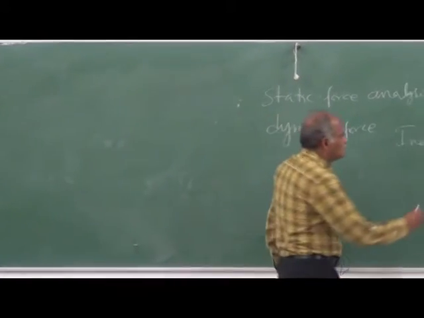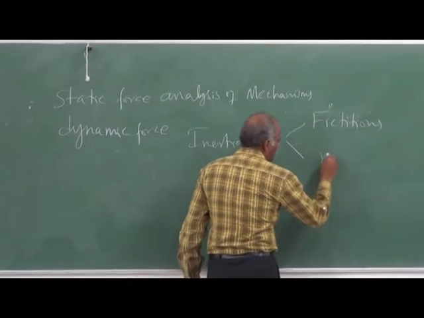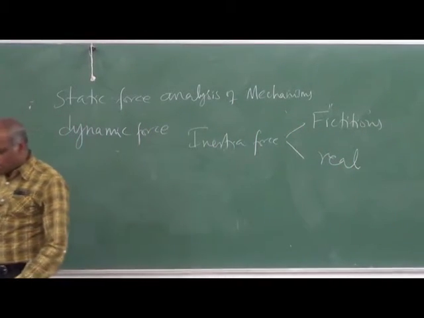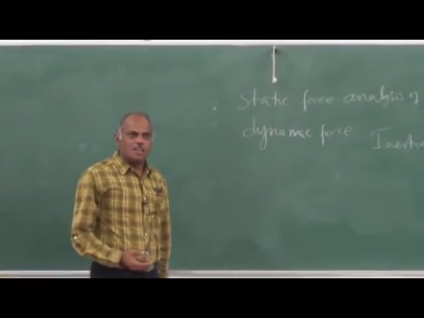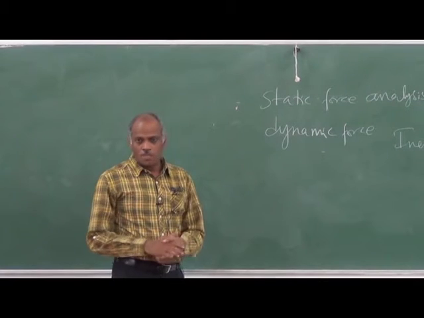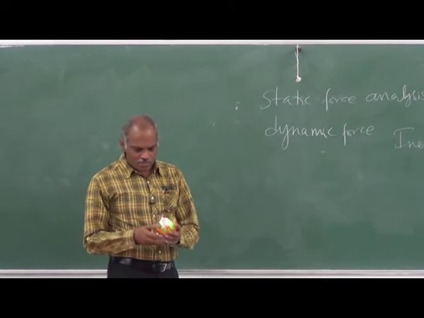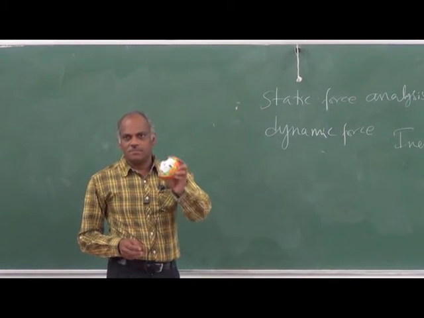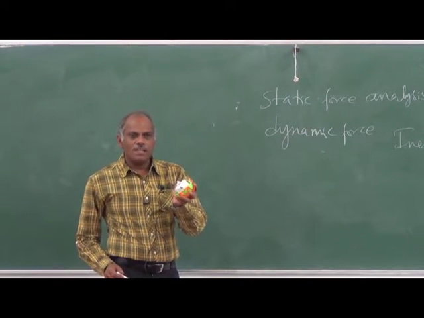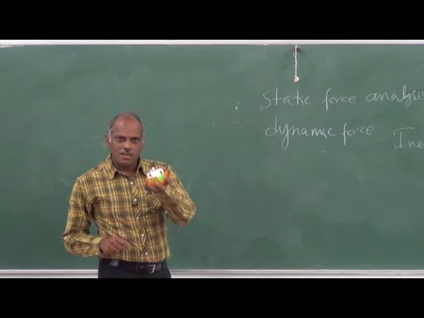But they can be real if you look at these forces as the reactions of the accelerating bodies. For example, I have a toy here. The toy has one rotating body.